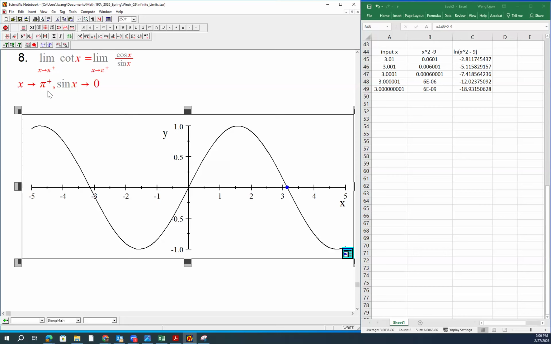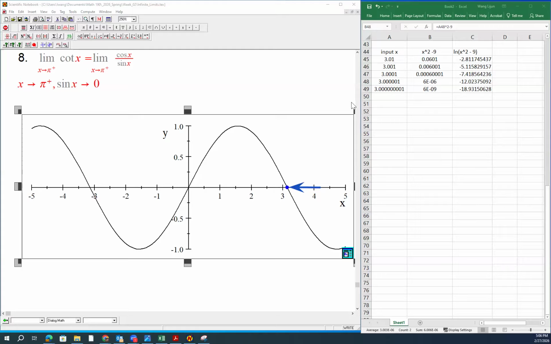So when we're approaching pi from larger than pi, I'll make it a little thicker. We're approaching pi from larger than pi.